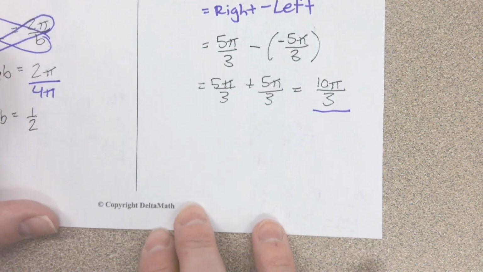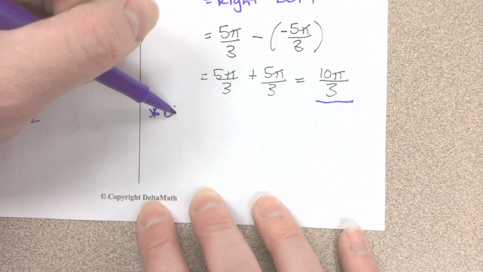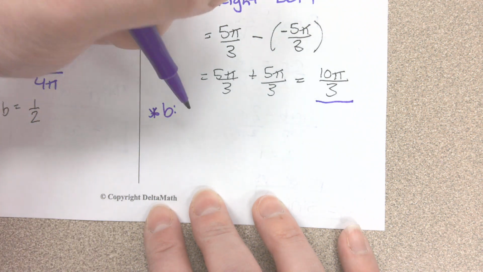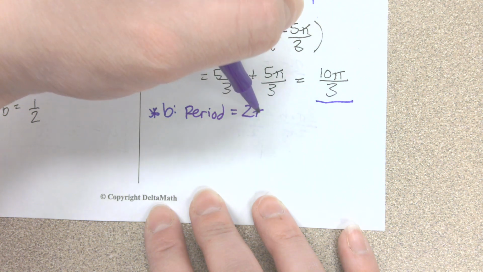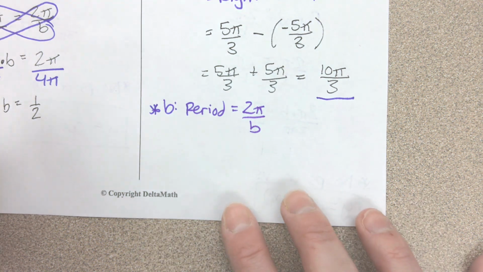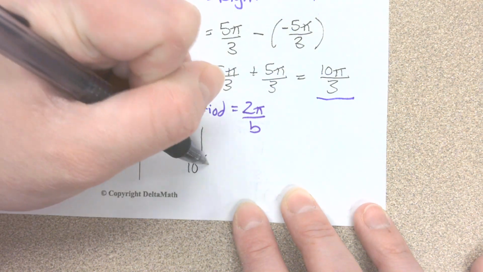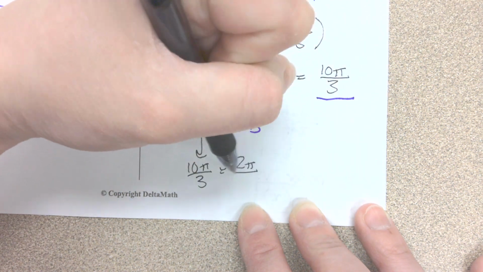From here, now that we have the period, we can actually find b. So reminder, for b, it's the formula period equals 2 pi over b. And we just found the period. It's 10 pi over 3 equals 2 pi over b.